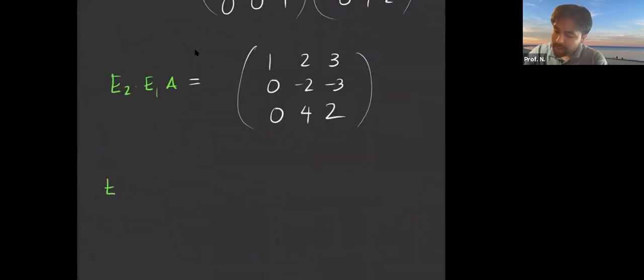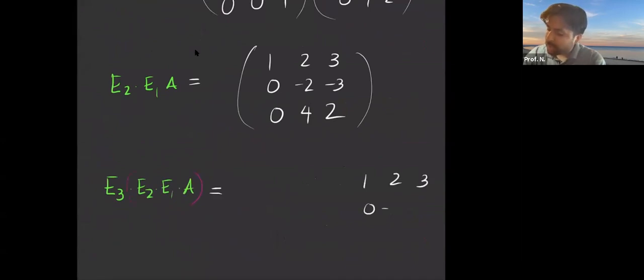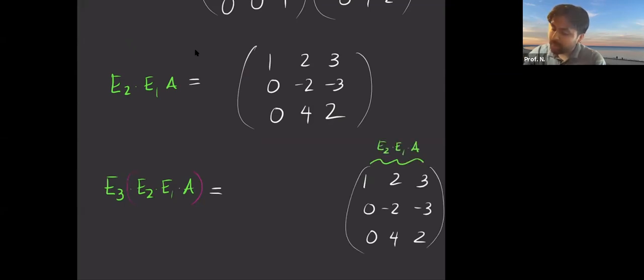So I know E3 times E2 times E1 times A. I already know what this looks like. This is 1, 2, 3, 0, -2, -3, 0, 4, 2. I know what that looks like. This is E2 times E1 times A. Now the question is, what is E3?